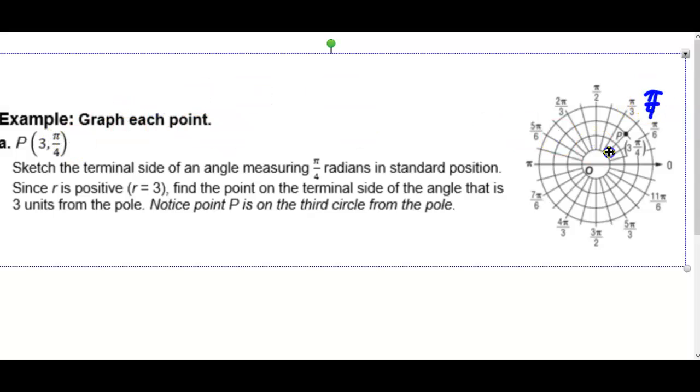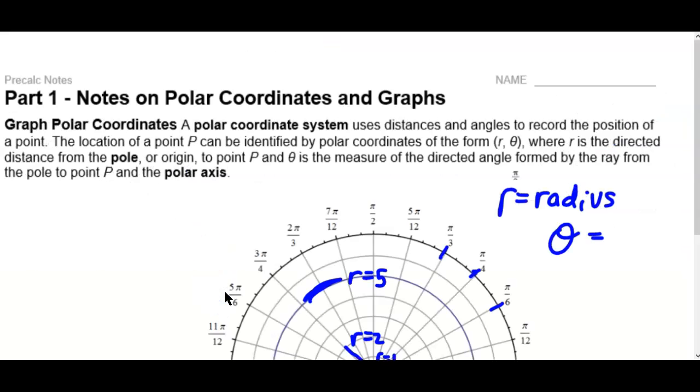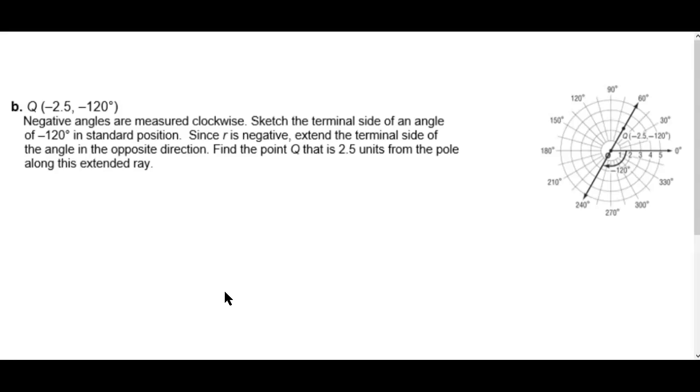And then 3 means you're going to go out from the center a radius of 1, then 2, then 3. Right to there, 3, pi over 4. It's the third circle out.